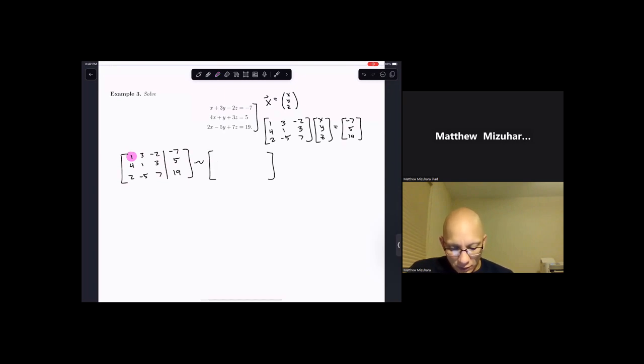I'm going to do -4 times row 1 plus row 2, replacing row 2, to get a 0 below that 1 pivot.